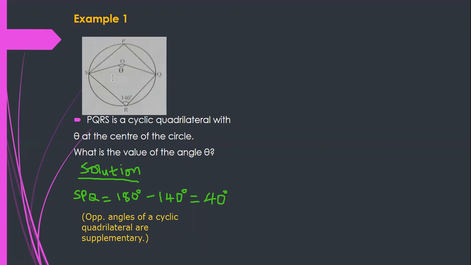Now we can find S theta Q, that is this angle at the center here. Since SPQ is 40 degrees, then S theta Q is equal to 2 times 40 degrees.